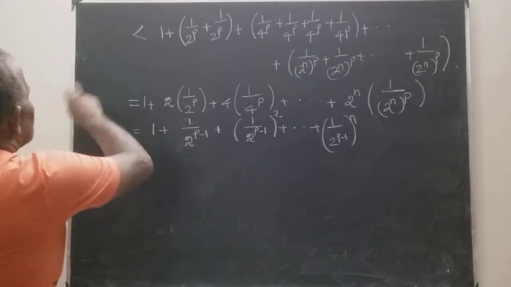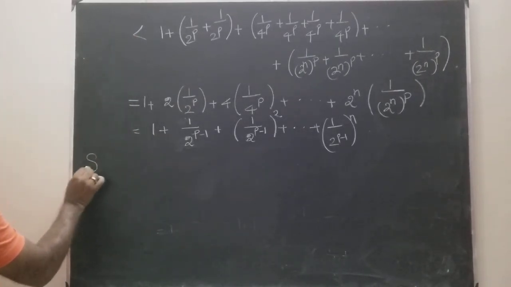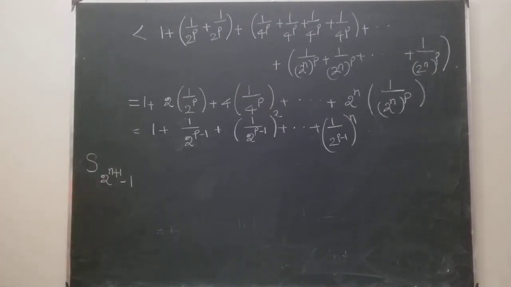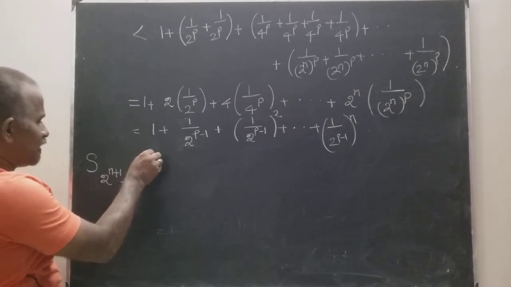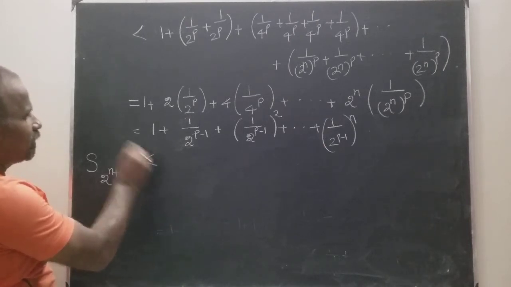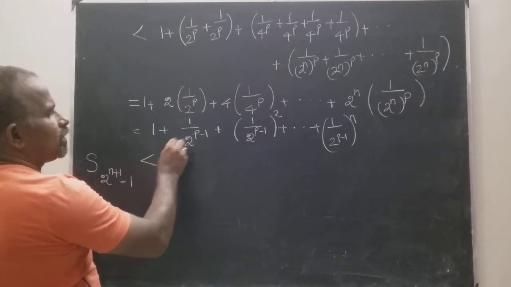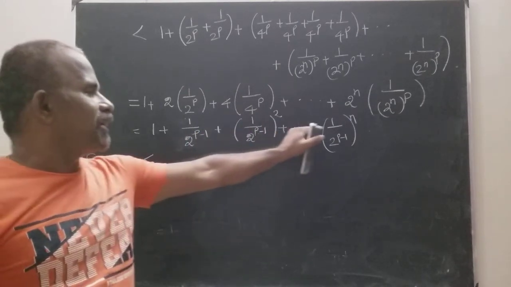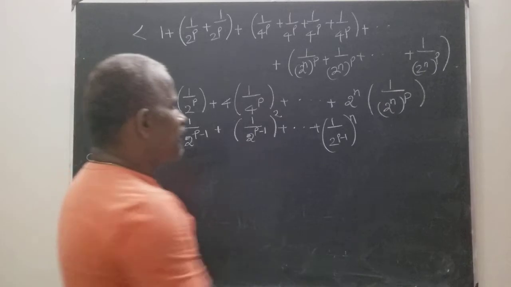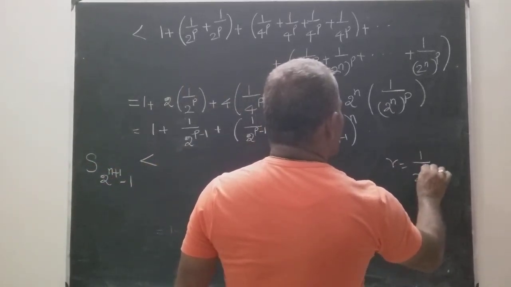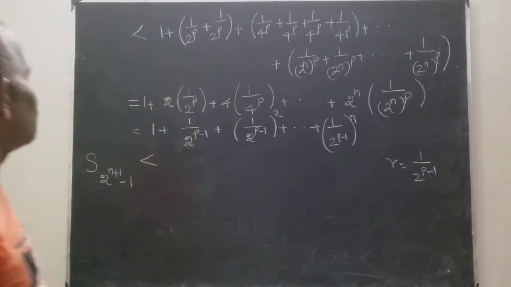So therefore S 2 power n plus 1 minus 1 is less than the series. This is a geometric series, R is equal to 1 by 2 power p minus 1.